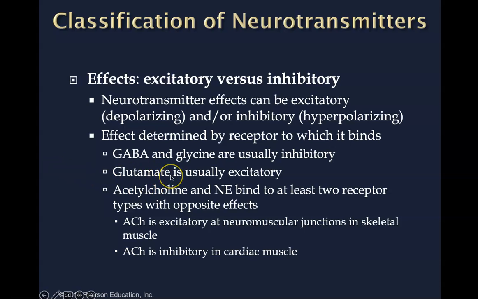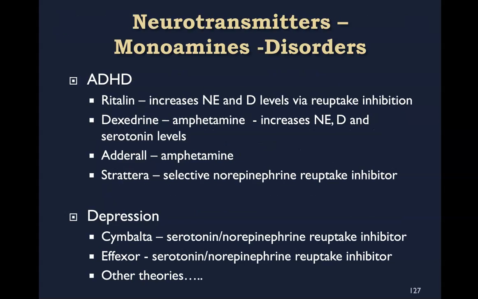Got to know glutamate, excitatory in the brain. Acetylcholine and norepinephrine just depend on where they're at in the body. For example, acetylcholine is excitatory at neuromuscular junctions for skeletal muscles, but it's inhibitory in cardiac muscle. Crazy, right? The effects of these neurotransmitters just depend on where you're at in the body.